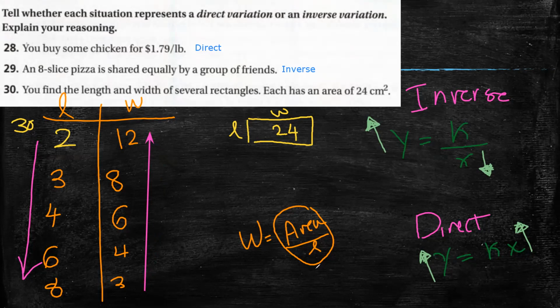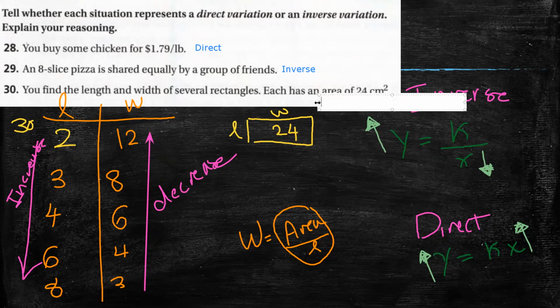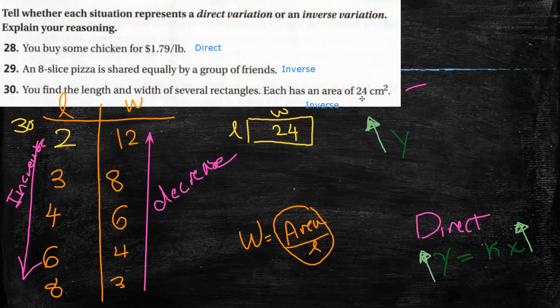So here the length increases and the width decreases. Is it direct or inverse? Inverse. Bravo. So I will say that number 30 is inverse. Is it clear? Yes, miss.